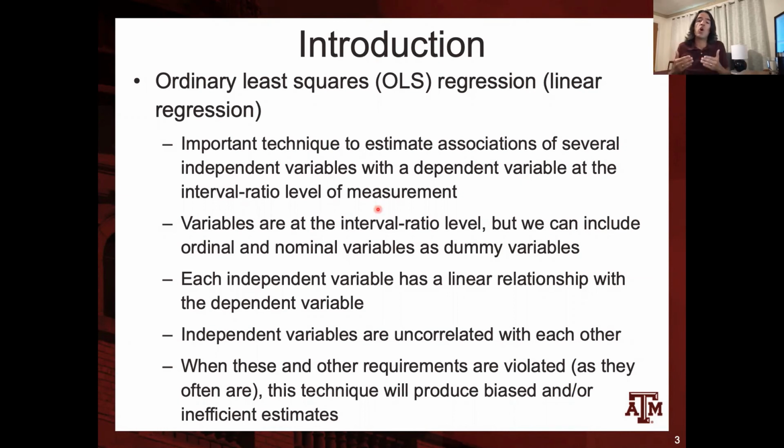But we're going to see that we can also include independent variables in our models as categorical variables, and I'm going to talk about that later here. Variables are at the interval ratio level, but we can include ordinal and nominal variables as dummy variables.